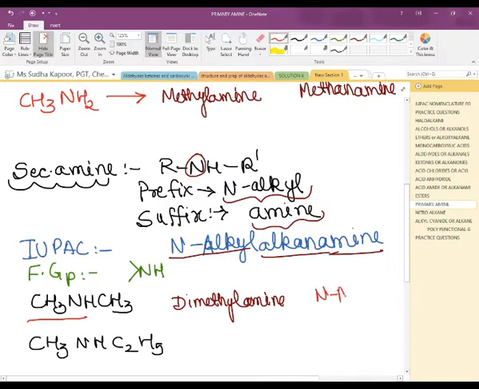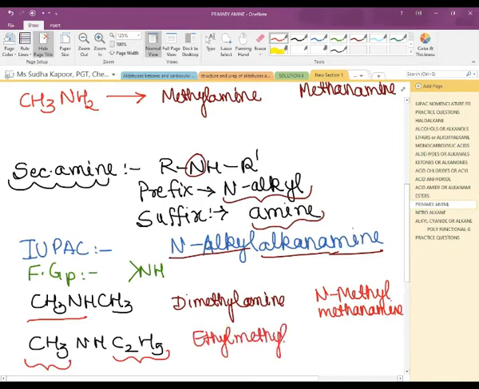N-alkyl, that is N-methyl. For 1 carbon, the parent is methanamine. Now for CH3, CH3, NH and C2H5. One of them is ethyl and the other is methyl. We will call it ethyl methyl amine.